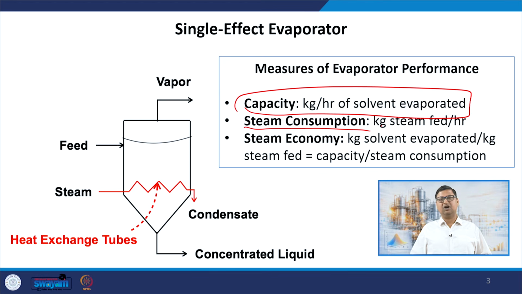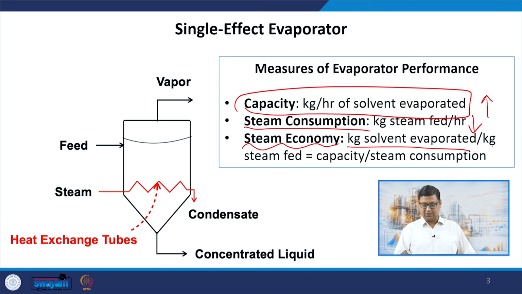The ratio of the capacity to steam consumption, the kilograms of solvent evaporated per kilogram of steam fed, gives what is known as the steam economy. Clearly, we want high capacity, low steam consumption, and therefore high steam economy.